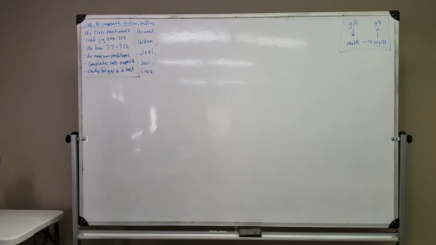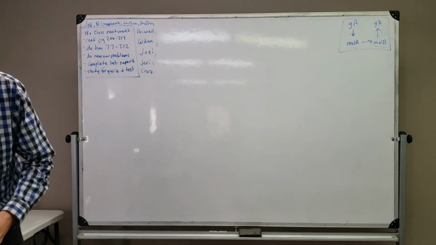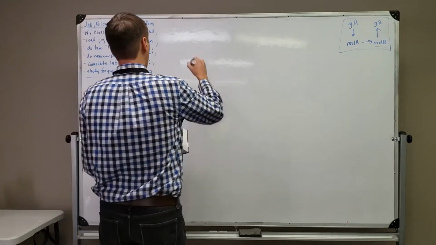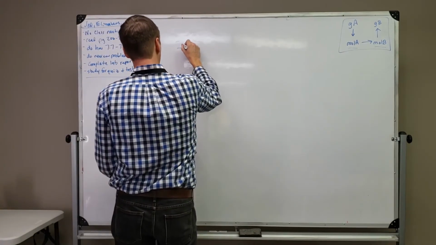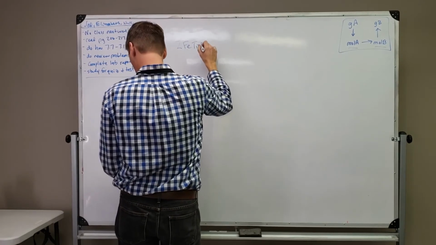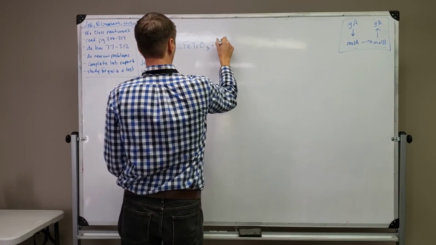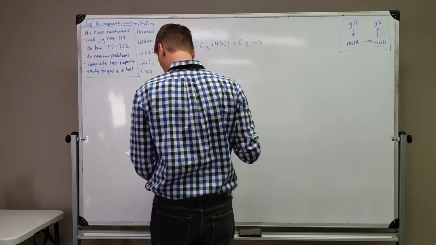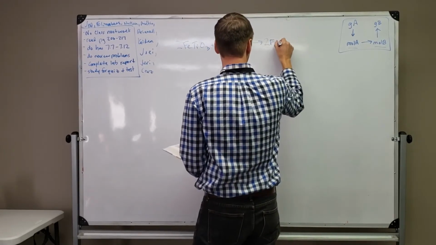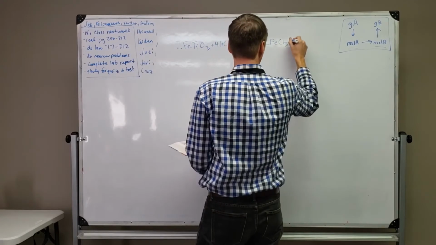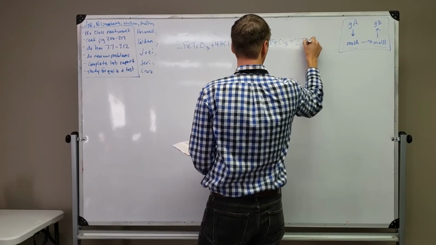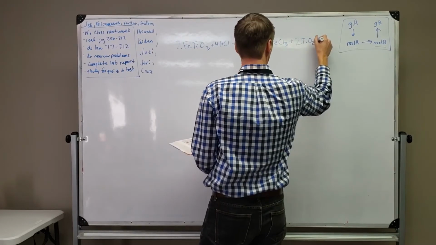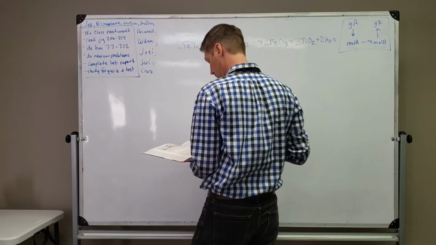All right, problem 7.8 is our last one. We're given this chemical equation: 2 FeTiO3 plus 4 HCl plus Cl2 yields 2 FeCl3 plus 2 TiO2 plus 2 H2O.